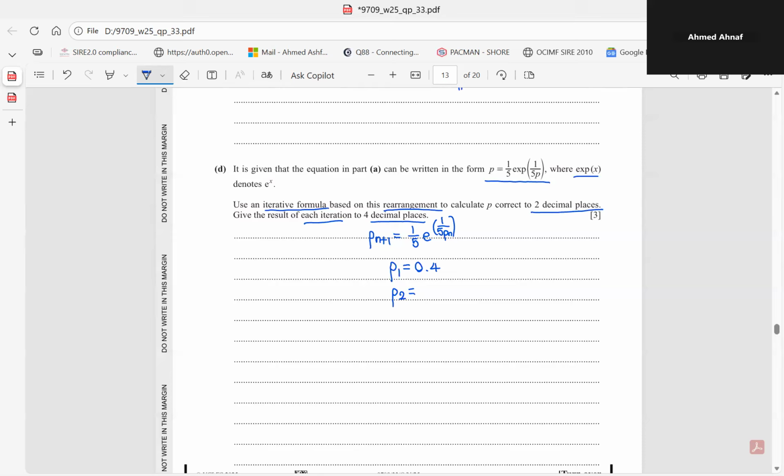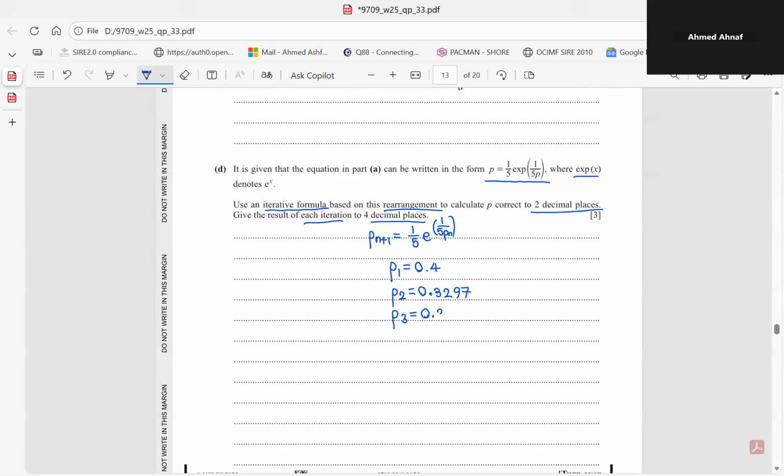You type it into the calculator first, then substitute in, and press the equals button. You'll get your first iteration. The first iteration for this, I got 0.3297 to 4 dp. And then to get your next iteration, press it one more time.